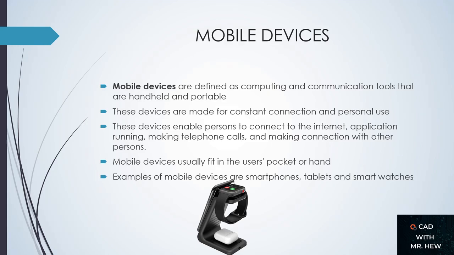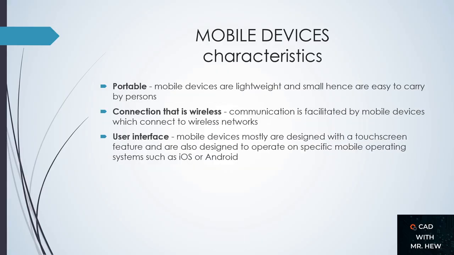These devices enable persons to connect to the internet, run applications such as apps, make telephone calls, and make connections with other persons. Mobile devices usually fit in the user's pocket or hand. Examples of mobile devices are smartphones, tablets, and smartwatches.